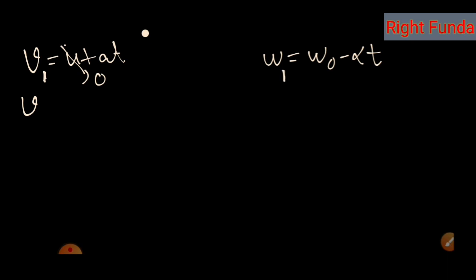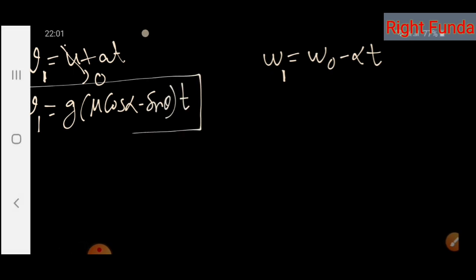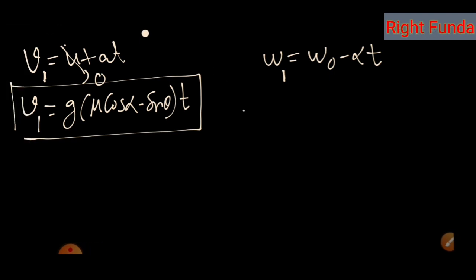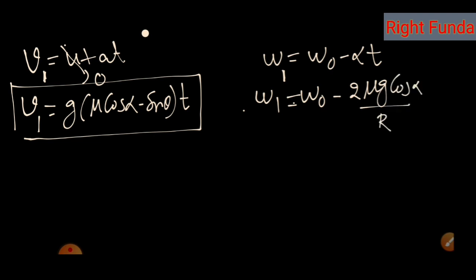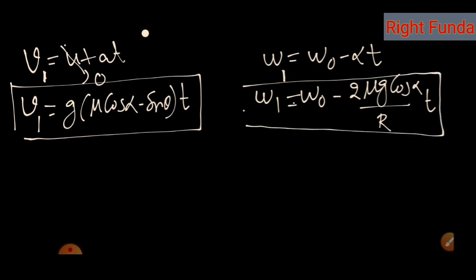After any time t, v1 = g(μ cos α − sin α)t. This is the velocity at any point of time while the friction force is acting. Similarly, ω1 = ω₀ − (2μg cos α/R)t. So this is the omega at any point of time.